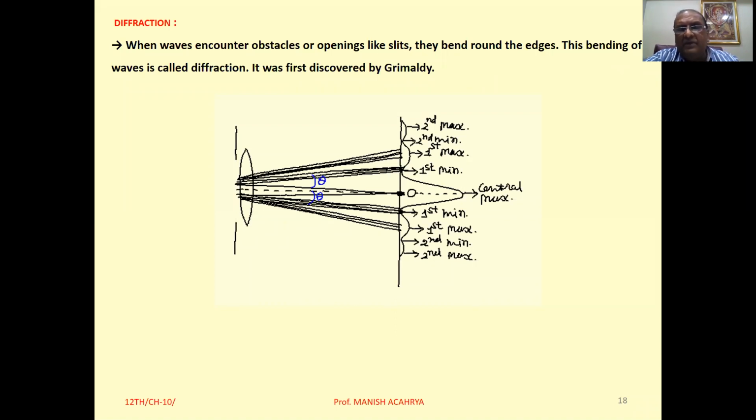Now here we have to keep one thing in mind: diffraction was obtained experimentally first, and then after, those experimental observations were explained with the help of theory.